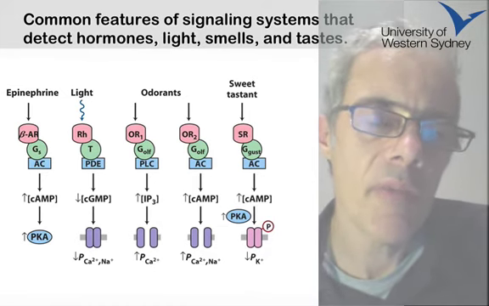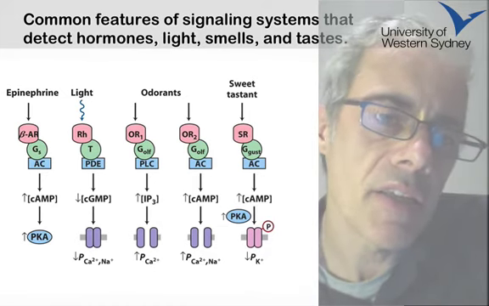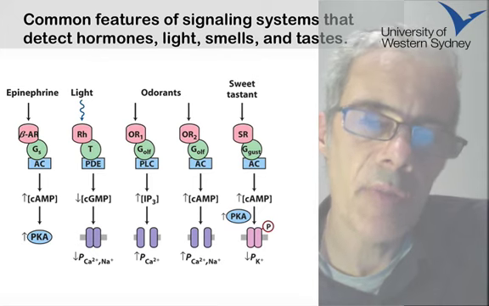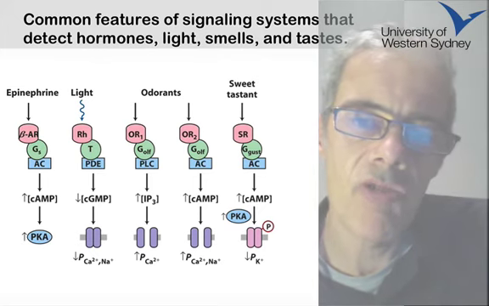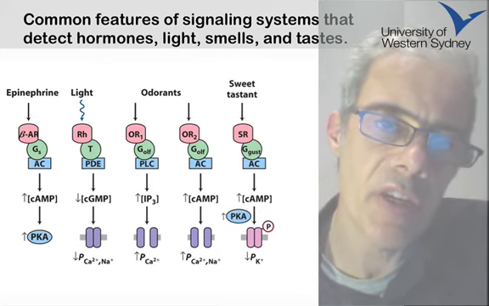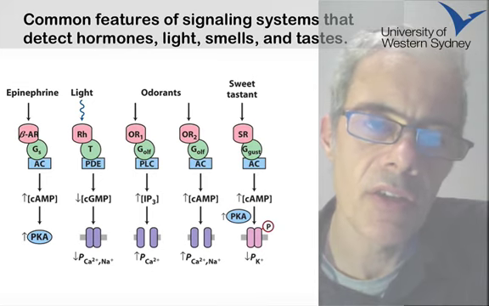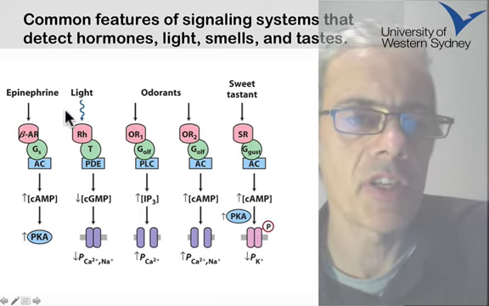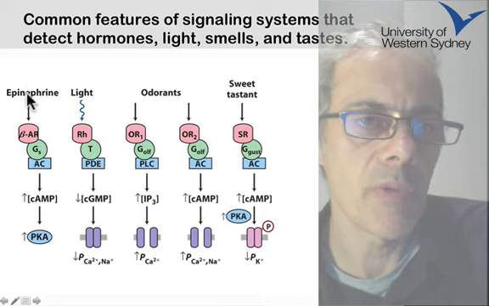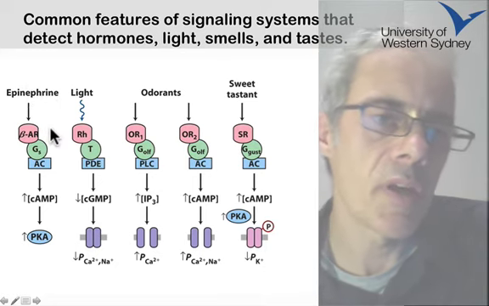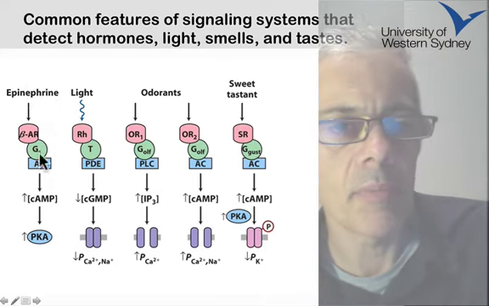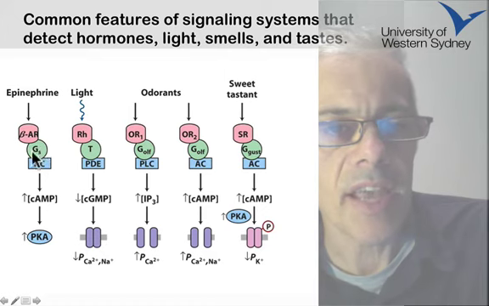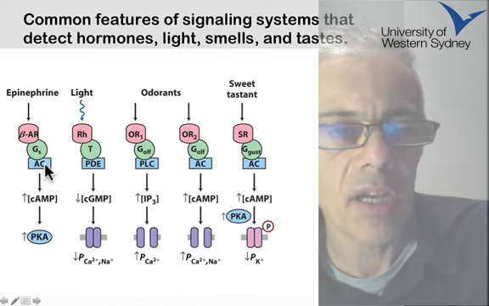So what we have then, in this lecture series, we've covered a range of G protein coupled receptors and a range of heterotrimeric G proteins that interact to transduce the signal from these receptors. So we've looked at epinephrine with the binding of the GS subunit to activate adenyl cyclase.